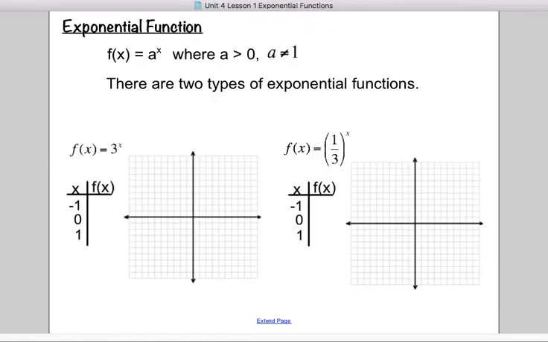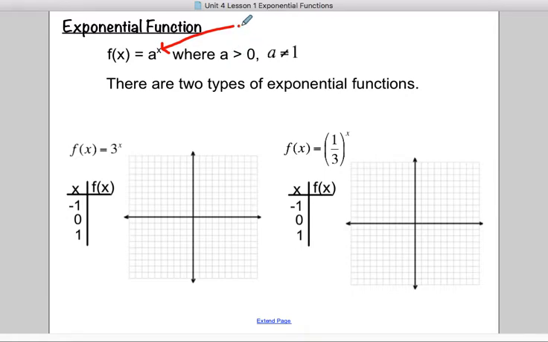Now we're going to move into exponential functions. The biggest thing is people get stuck on exponentials is they try and graph it like a line or they try and graph it like a parabola. You need to recognize an exponential function is when the variable x is in the exponent.